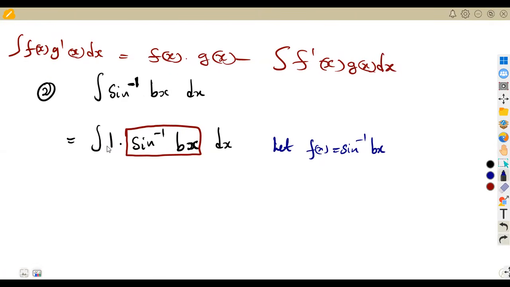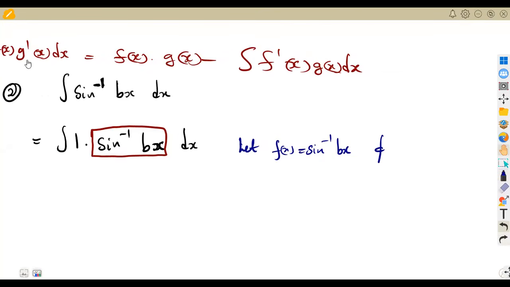What is remaining? It's 1 dx. Take note, 1 dx. This is going to be your g prime dx, which is the remaining part, 1 dx.